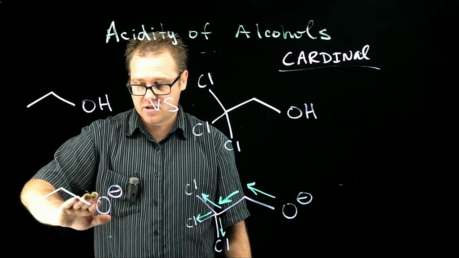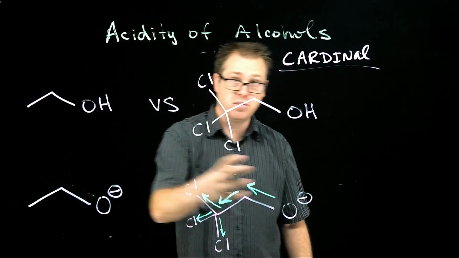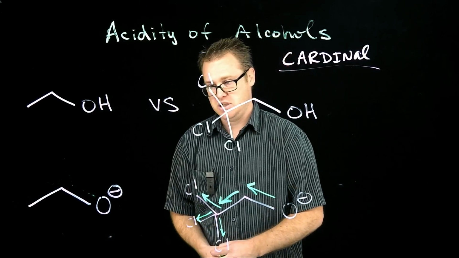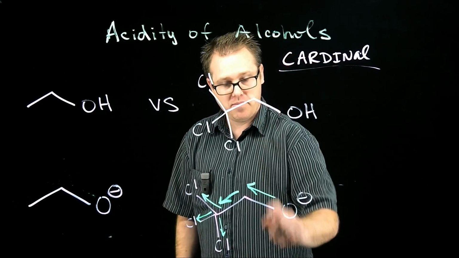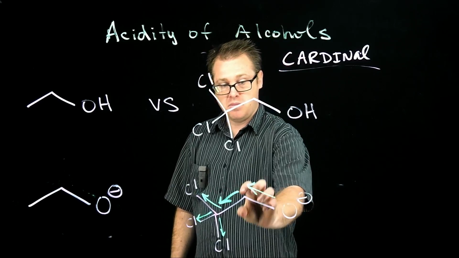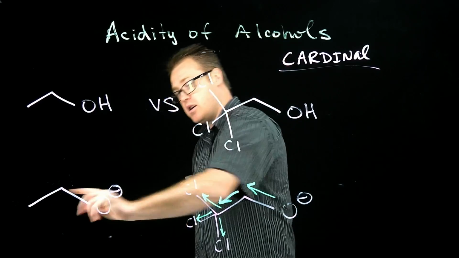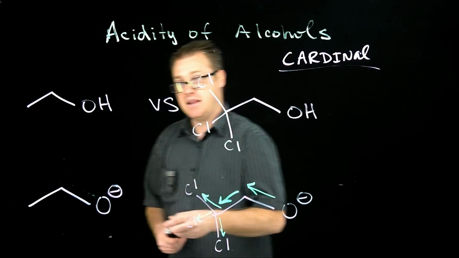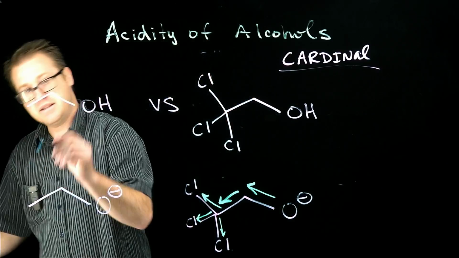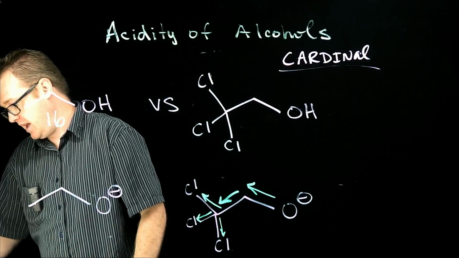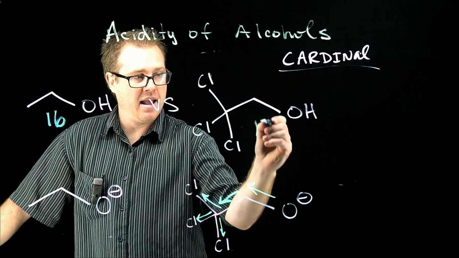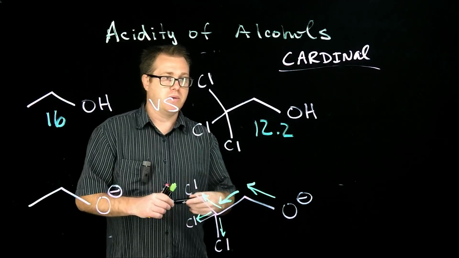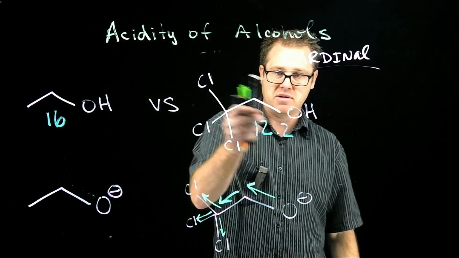But in contrast, when you have the chlorine atoms here, it is pulling electron density. And that effect is called induction. And so this conjugate base is going to be more stable than this conjugate base because this one has induction. And we can see that the answer here, this has a pKa of approximately 16, and this has a pKa of about 12.2. So we can see, based off the numbers, this one is more acidic.